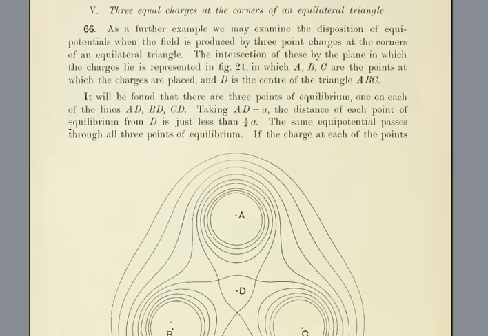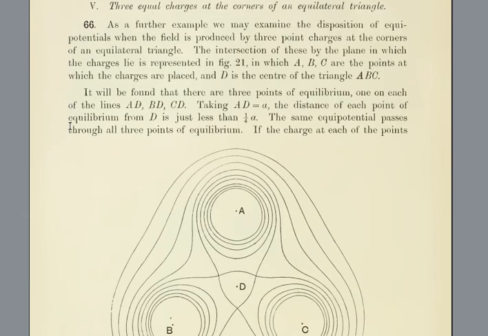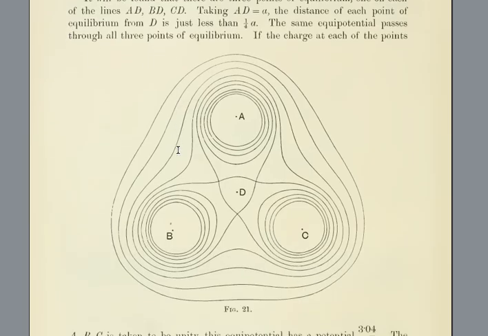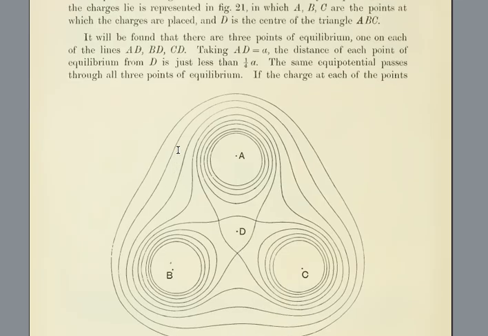66th. As a further example, we may examine the disposition of equipotentials when the field is produced by 3-point charges at the corners of an equilateral triangle. The intersection of these by the plane in which the charges lie is represented in the corresponding figure, in which A, B, and C are the points at which the charges are placed, and D is the center of the triangle ABC.